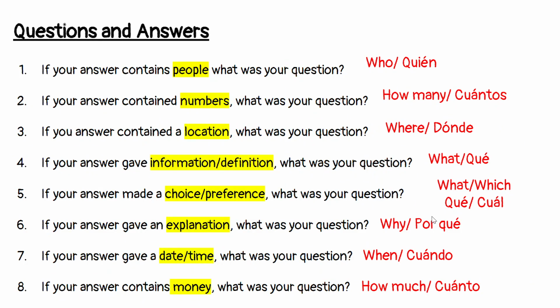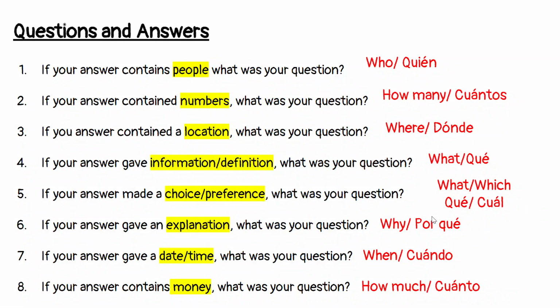So if you're trying to decide which is the question word you should choose, if your answer contains a person, most likely the question word was quién, who. If your answer contained numbers, your question word was cuántos or cuántas, how many. If your answer contained a location, your question word was dónde, or another form of it, a dónde or de dónde, where.